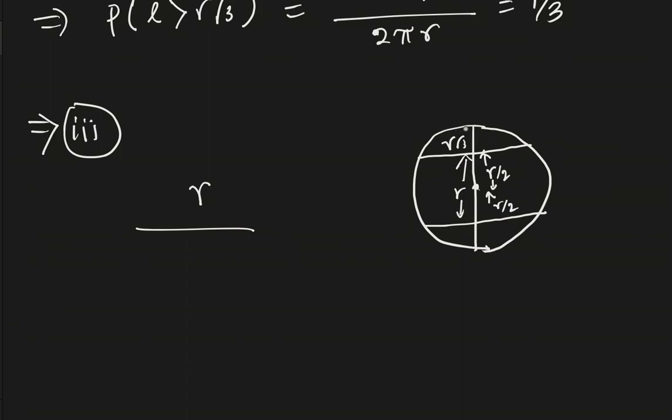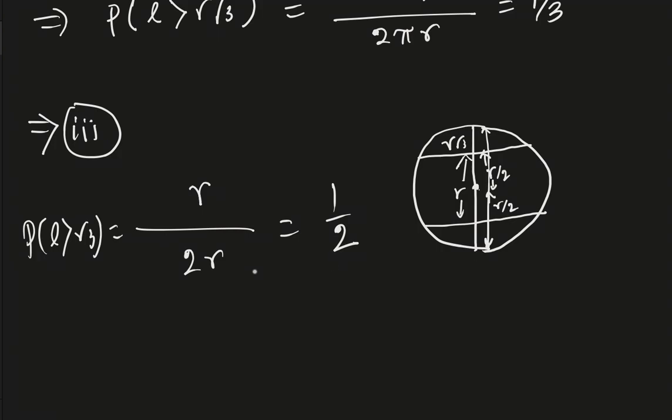That will be the length of the total chord, which is nothing but 2r. The probability that the length will be r root 3 is r over 2r, which is half. So again we get a probability which is different from the first two.